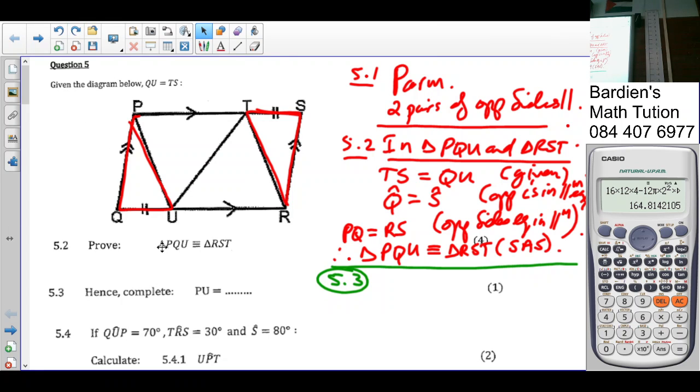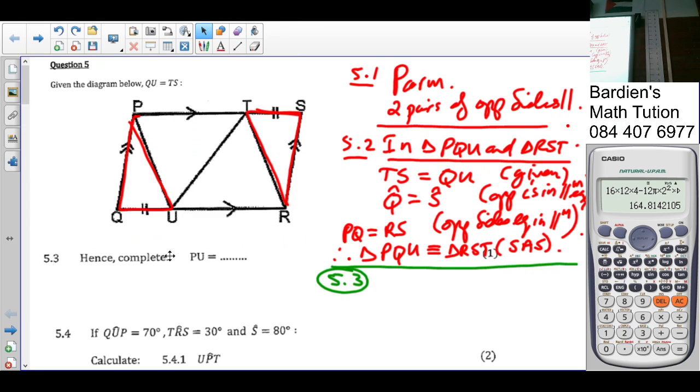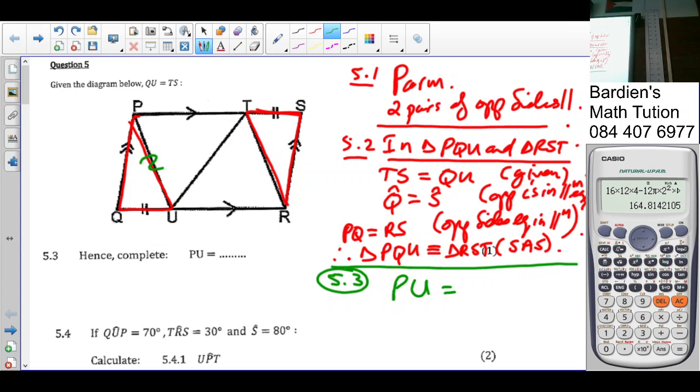Right, so we've done 5.2. Let's look at question 5.3. It says, hence, complete PU. PU is equal to TR. Why? Triangle PQU is congruent to triangle RST. It's coming from here.